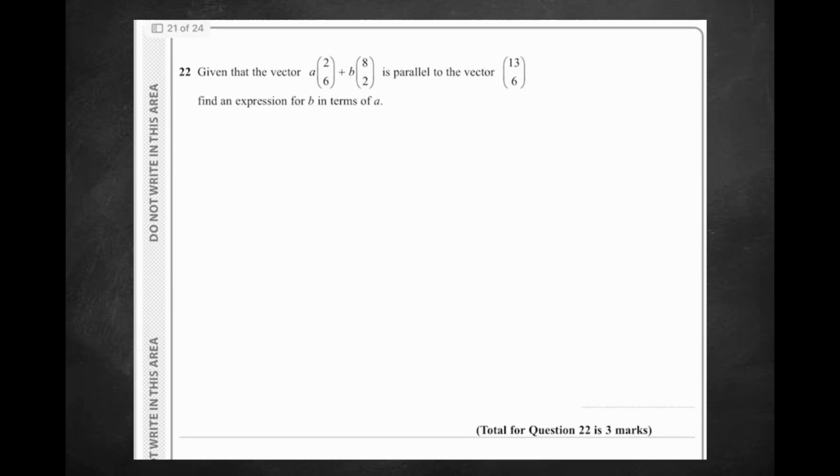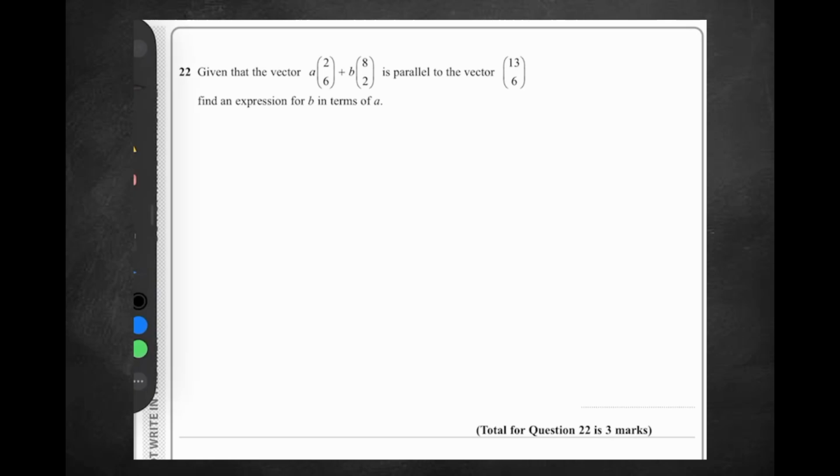Question number 22. Given that the vector a(2, 6) plus b(8, 2) is parallel to the vector (13, 6), find an expression for b in terms of a. So let's expand out these vectors and look at them as x coordinates and y coordinates. So we're going to say 2a plus 8b equals 13x, since we know it's parallel.